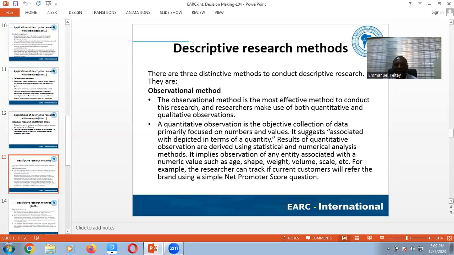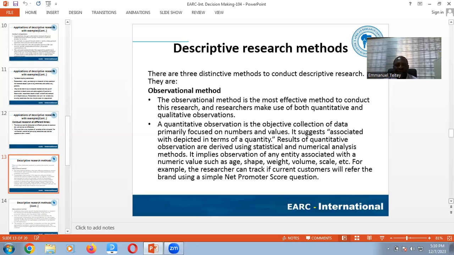It suggests anything associated with or depicted in terms of quantity. Results of quantitative observations are derived using statistical and numerical methods.